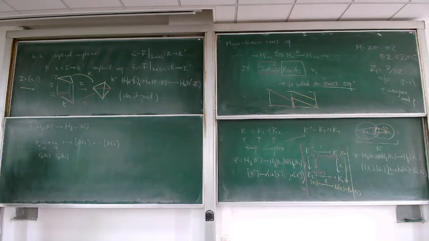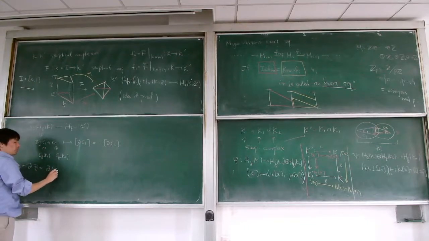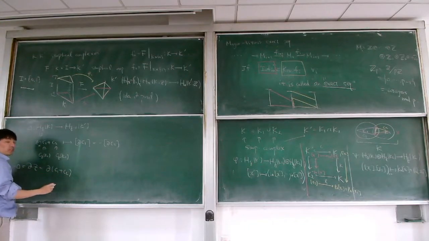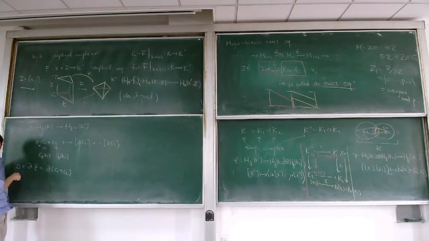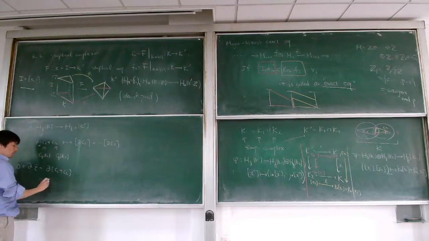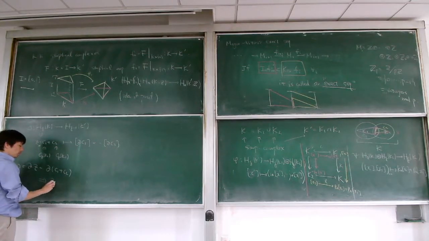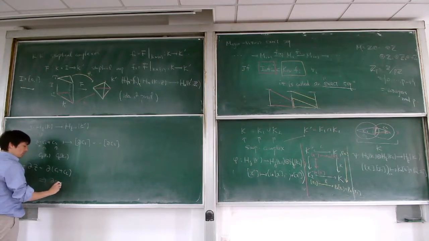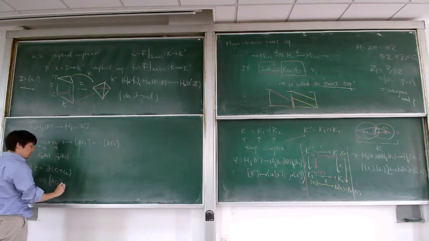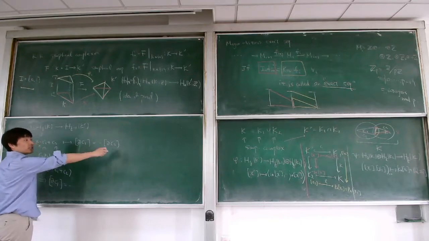Remember that it's an element in the homology group, so the boundary of Z is equal to 0. Therefore, the boundary of C1 plus C2 is also 0. This means that the boundary of C1 is equal to minus the boundary of C2, and you get this relation.